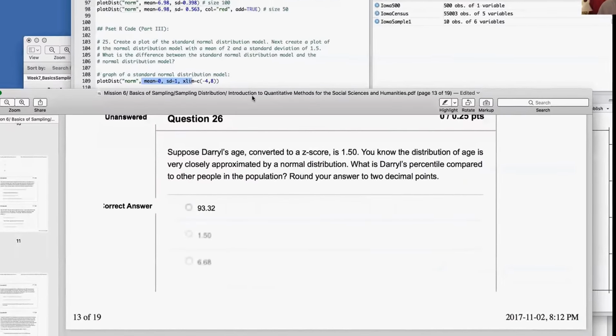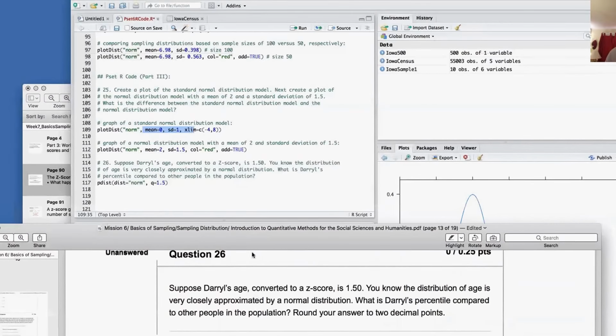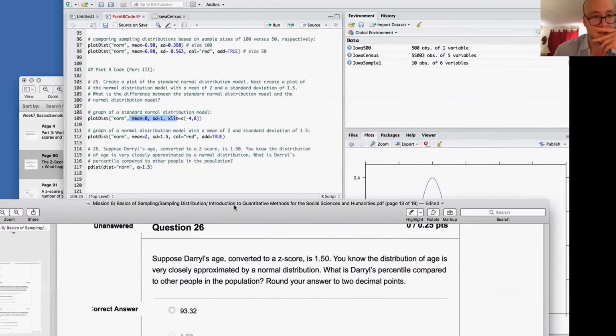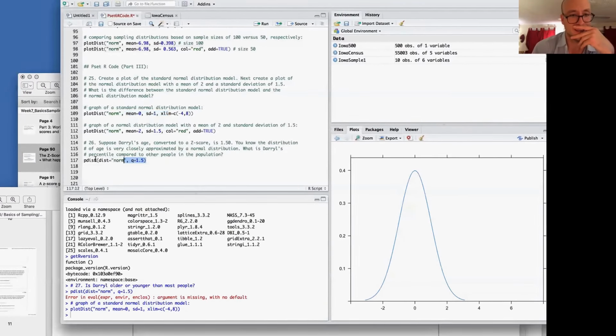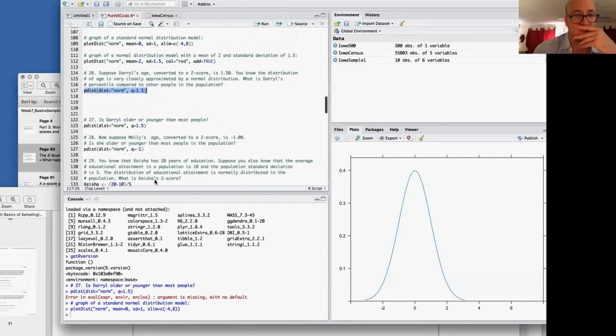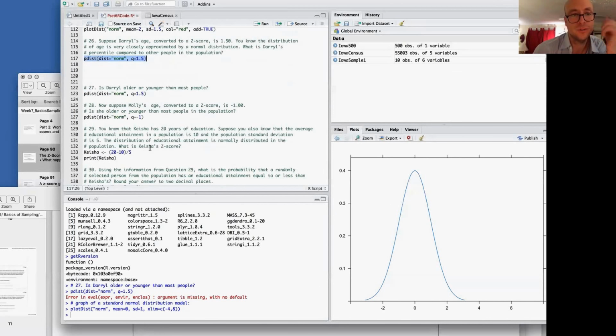Sometimes some of these bugs happen. I thought I had this fixed, and not sure why it happens now. But basically all we're doing is creating the normal distribution, and we're adding to it just a line, a demarcation point that is 1.5 above the origin, or the 0 value.